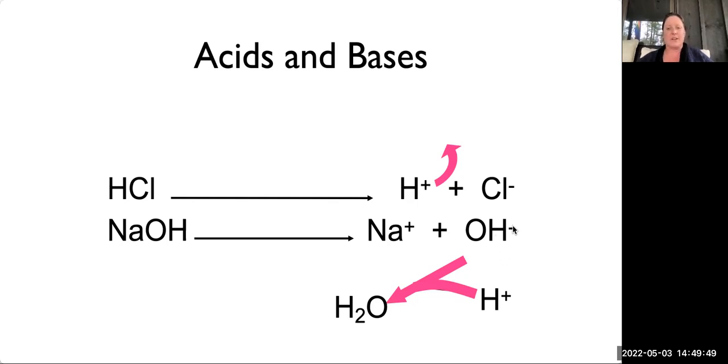So these two, we've got negative, positive, they're super attracted to each other. They get close enough, they turn into a molecule of water. When this happens, then effectively this proton has disappeared from the solution. It has been accepted by something else. So when you put something in a solution or in water and protons disappear, then that means that you have a base. Okay, enough of the basics.